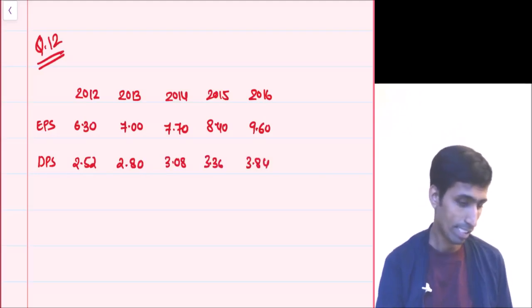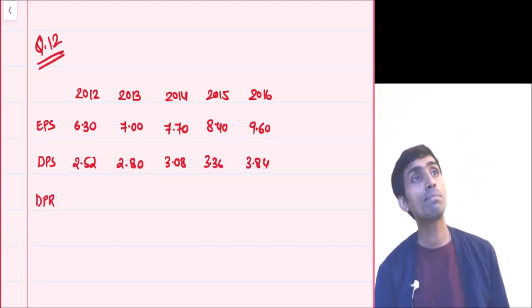Now listen, if I calculate dividend payout ratio, check DPS divided by EPS, that is 2.52 divided by 6.30.